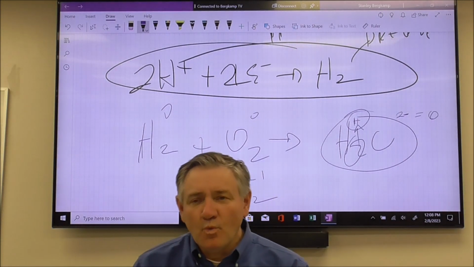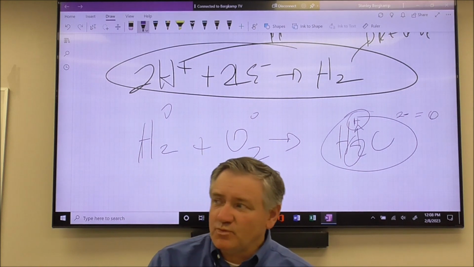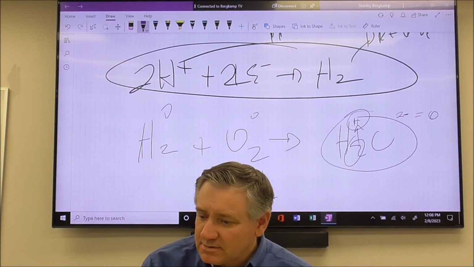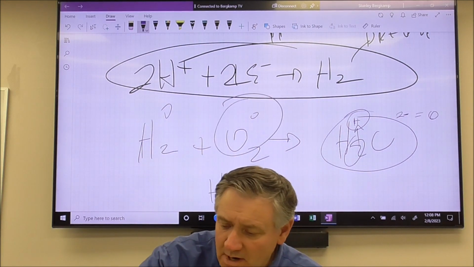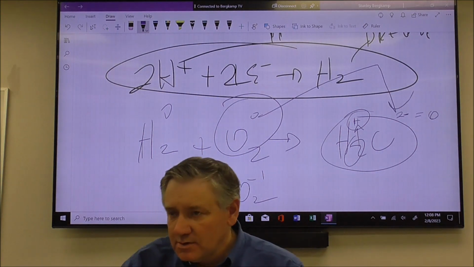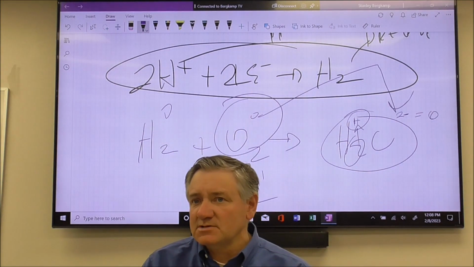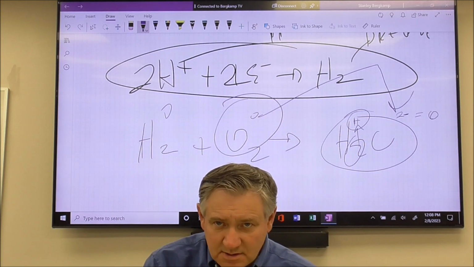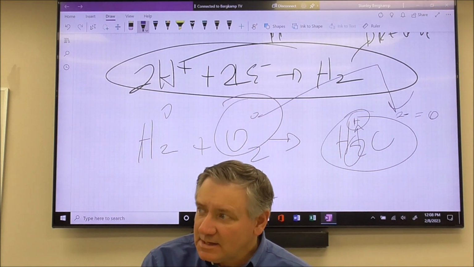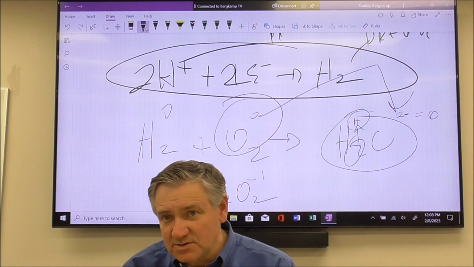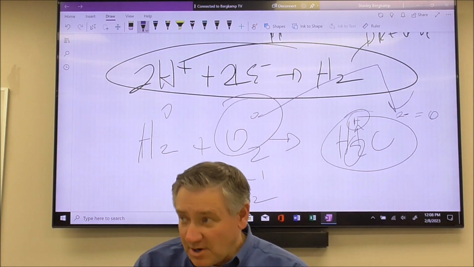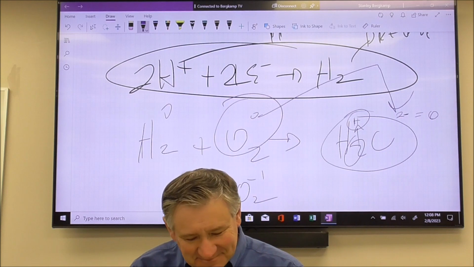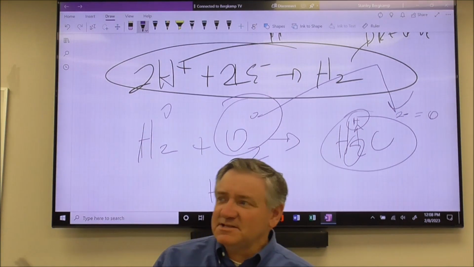Now, which was oxidized and which was reduced? The oxygen went from 0 to 2-. So did the oxygen gain electrons or lose electrons? It gained electrons. So therefore the oxygen was reduced. So here's the dichotomy.